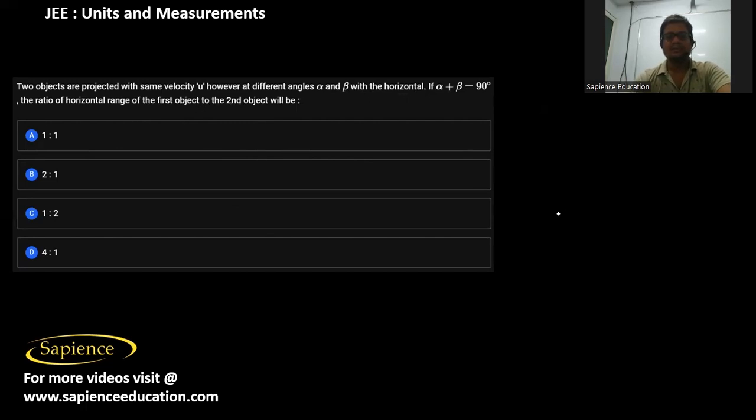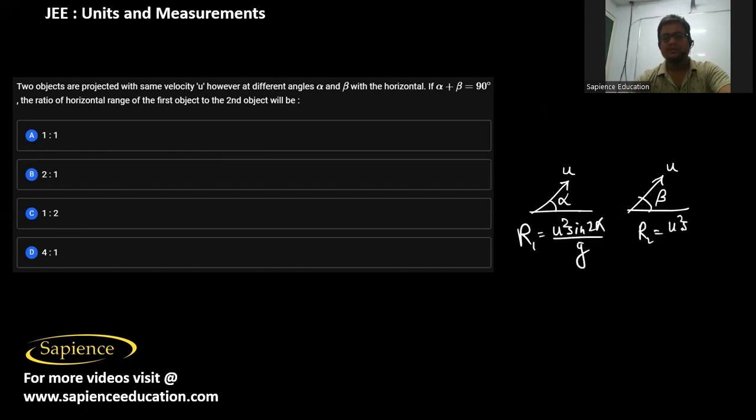So one projectile is thrown with the initial velocity u where the angle of projection is alpha, and another one is thrown with an angle of projection beta, and initial velocity is u. Here the range in the first case is u square sine 2 alpha by g, and in the second case it is u square sine 2 beta by g.